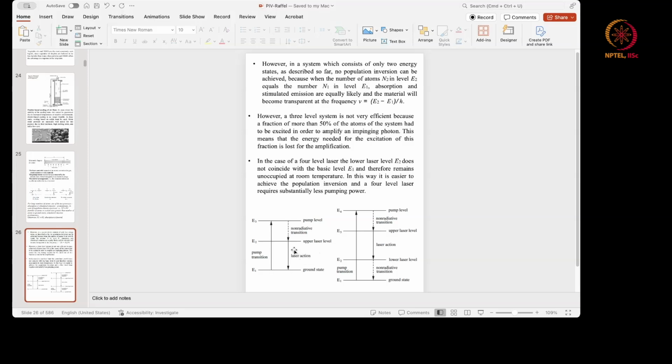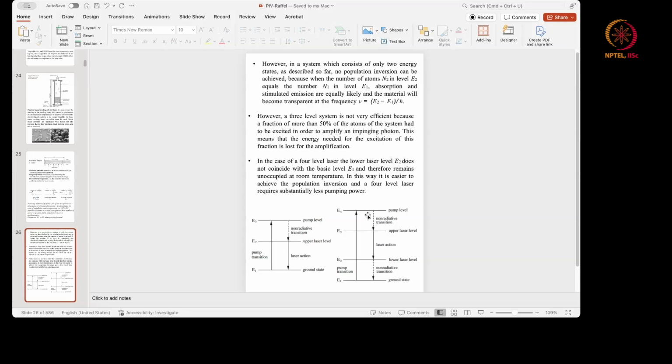So laser action happens between E2 and E1. But because more than 50% of the atoms have to be excited in order to amplify an impinging photon, the energy needed for this excitation is lost for the amplification.